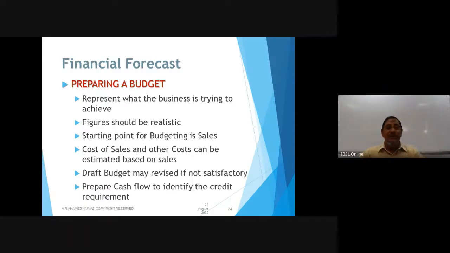Cash flow projection will give you an idea about the cash requirement, cash inflow and cash outflow. When outflow is more than inflow, that's a deficit. To meet that expenditure, we have to pump in some money. That's a credit requirement.